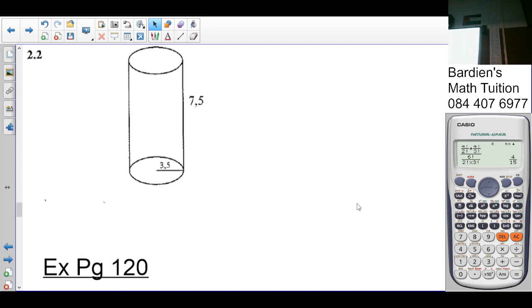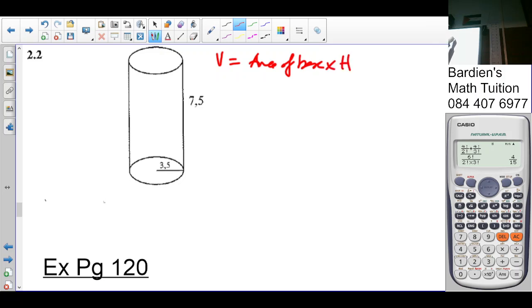2.2. Total surface area. And sorry, not perimeter but volume. Let's go with volume. How do you calculate volume? Area of base times height. So we got the area of this base, a circular base. How do you calculate the area of a circle? Pi r squared times height.